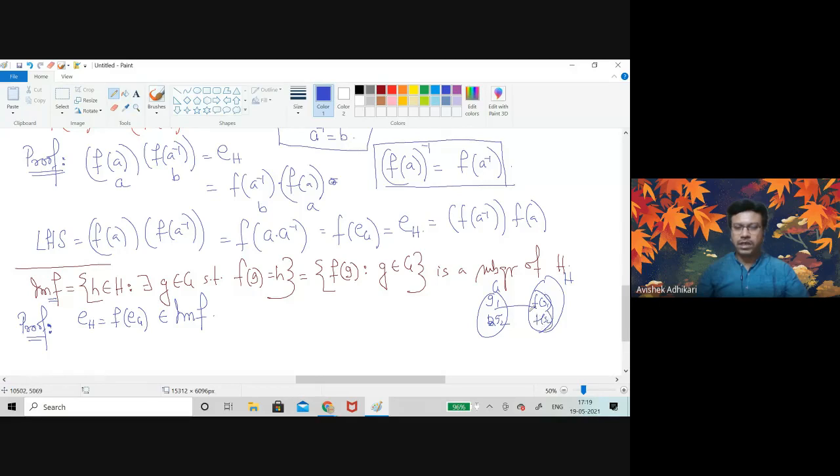So this is the collection of all such elements on which F is applied. Here this is my element from G, on which F is applied, so it must belong to the image of F, and this value is E of H, so E of H must belong to the image of F. That implies the image of F is non-empty.